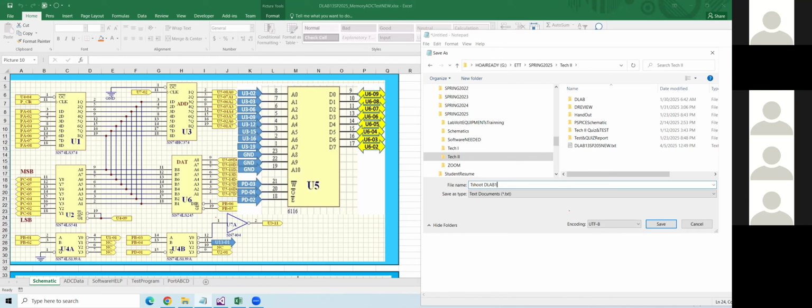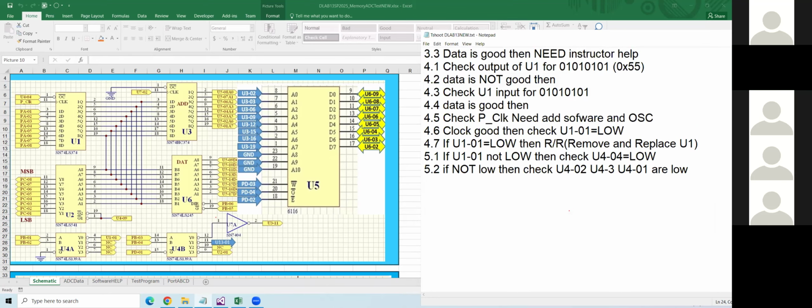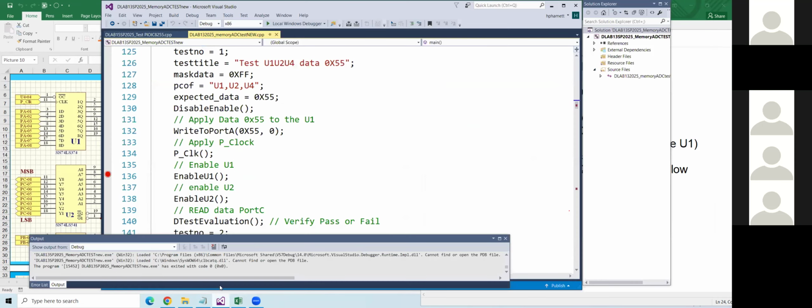The lab 13 new. Okay, now you can see, when you try to troubleshoot in the software, you have to set this breakpoint.